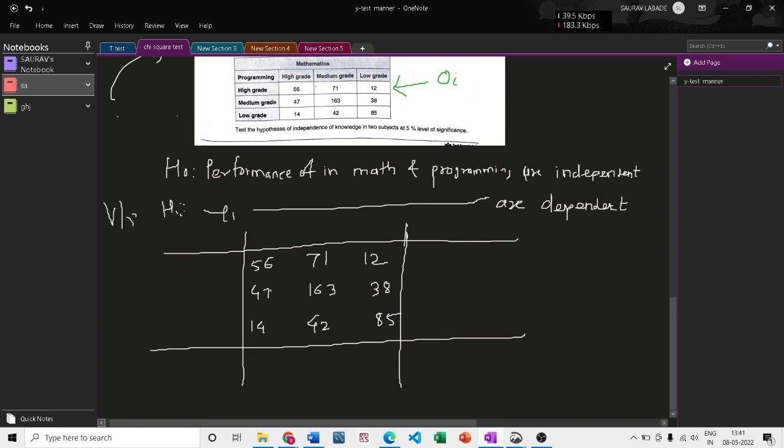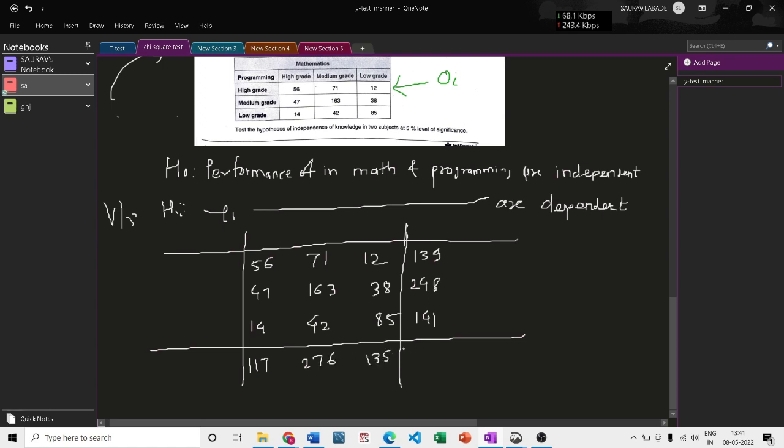Finding the row-wise totals, I get 139, 248, 141, 117, 276, and 135.